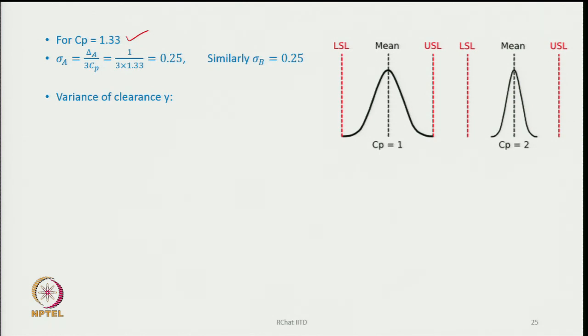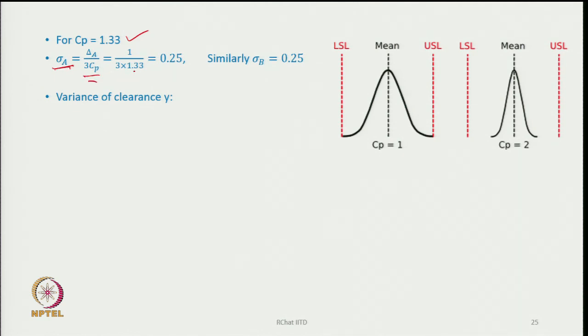So, what is the standard deviation of that process? Suppose folding of fabric is done automatically by some machine, and that folding machine has a process capability of 1.33. So, sigma A is going to be delta A by 3 Cp.